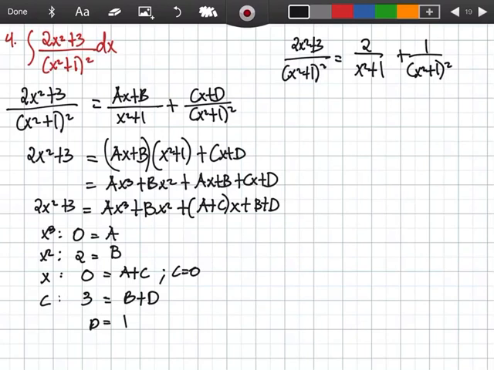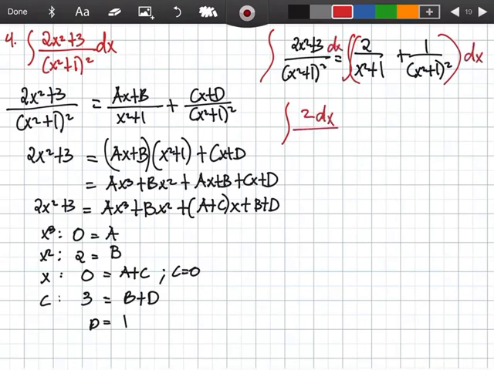Then we can integrate both sides, which becomes 2 times the integral of dx over x squared plus 1, plus the integral of dx over x squared plus 1 squared.